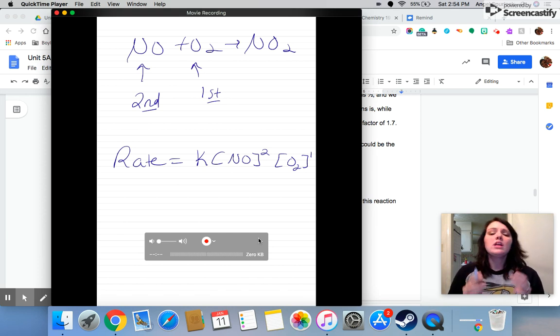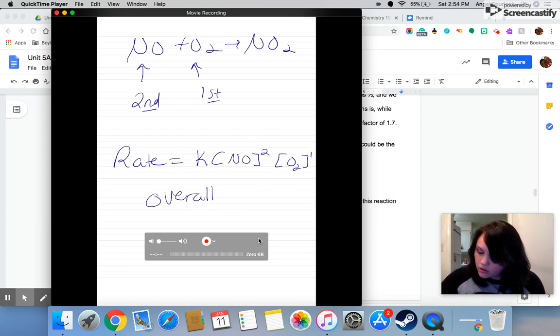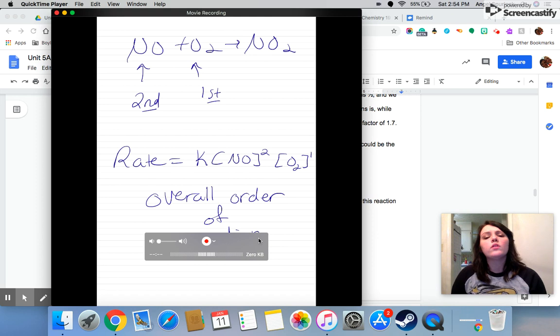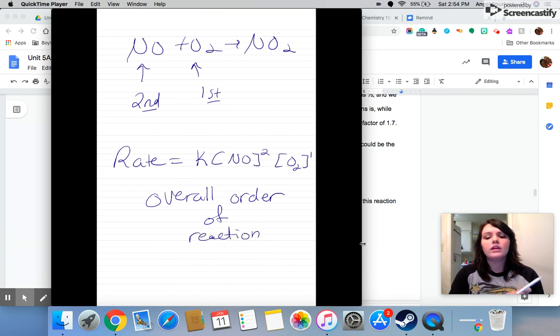Okay? This is also going to lead us into the last part of 5.2c, which is the overall order of the reaction. The overall order of the reaction doesn't really tell us anything specific. It's more like giving us an idea of how sensitive our rate is in comparison to the concentrations of our reactants.